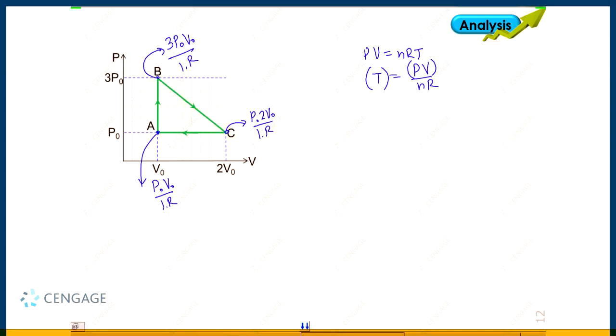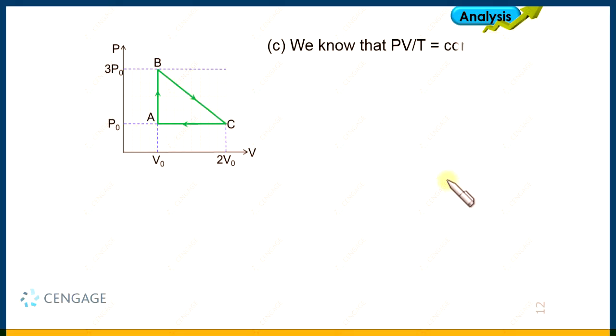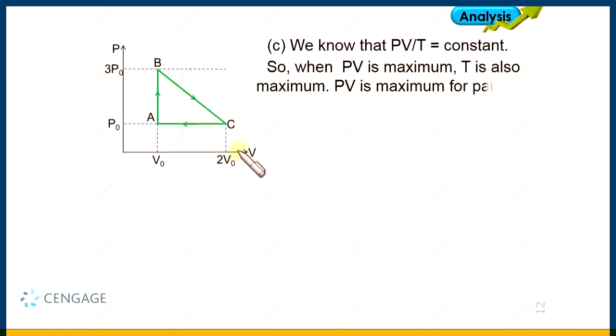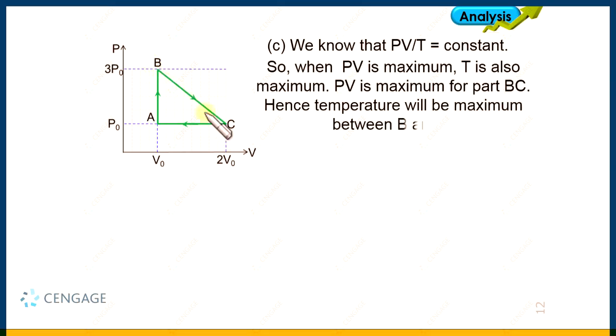Okay. So, let us investigate this part, whether the temperature is greatest in the process B to C or not. For this purpose, we need to write the equation of this straight line. You know, this straight line has a negative slope and positive intercept, and the nature of the line is y equal to mx plus c type. So, we can write a general equation of this, because on the y axis we have pressure, on the x axis we have volume.